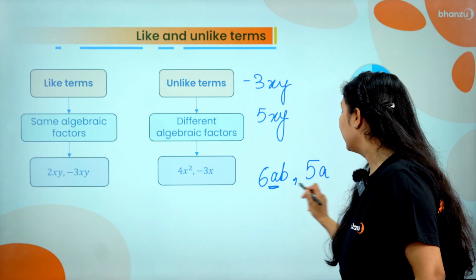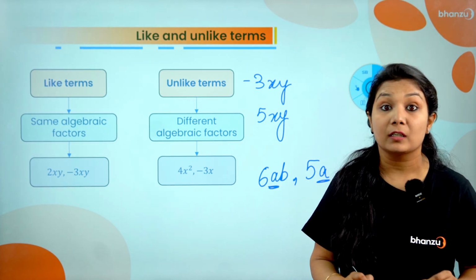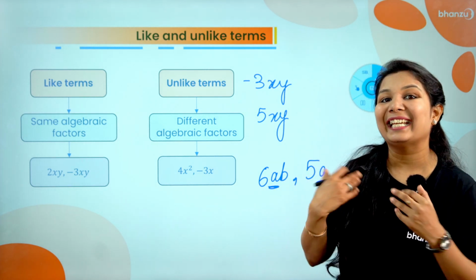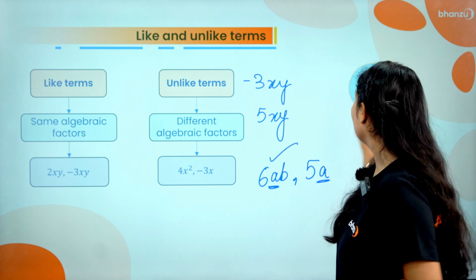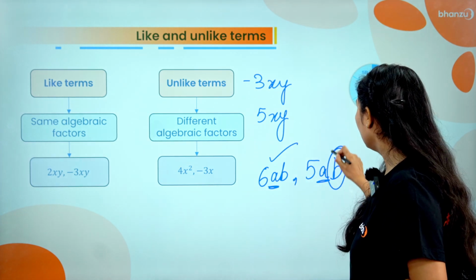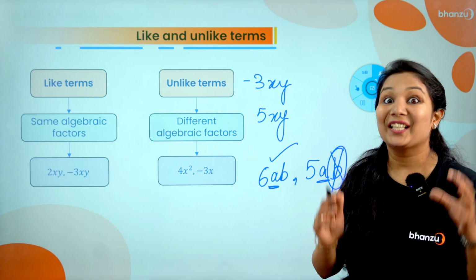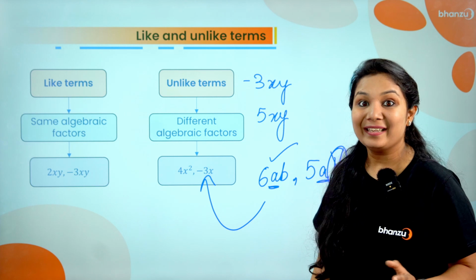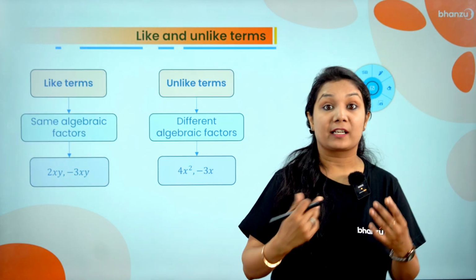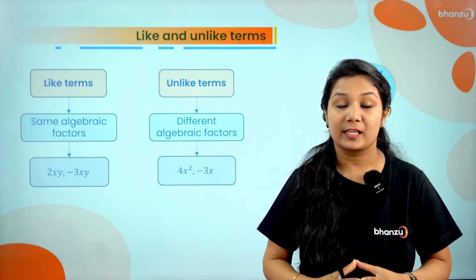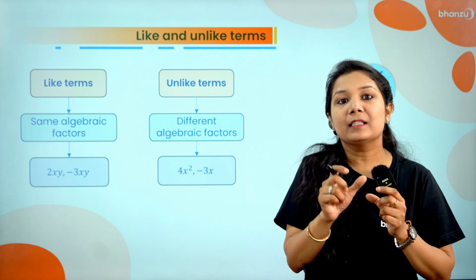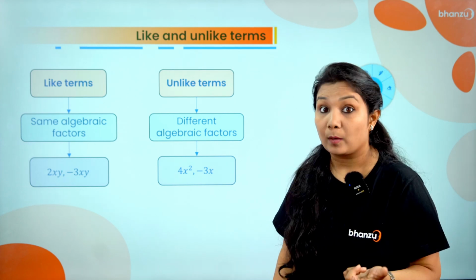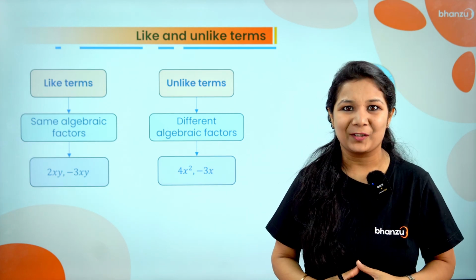Even though they have a as the common algebraic factor, the second term does not have the second algebraic factor which is there in the first one, that is b. It's not there. So therefore they are unlike terms. Got it everyone? So you have to check, even if the algebraic factors are same, they should be having the same quantity of it. Like x square is having 2x, but if you talk about only x, it's just have 1x in it.